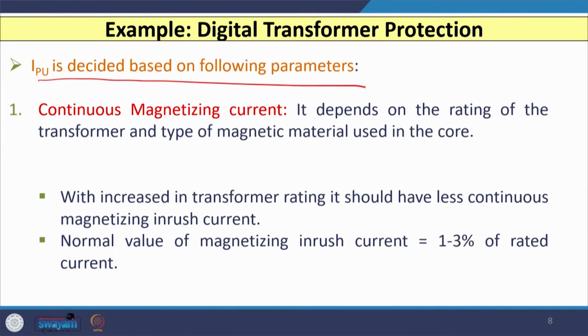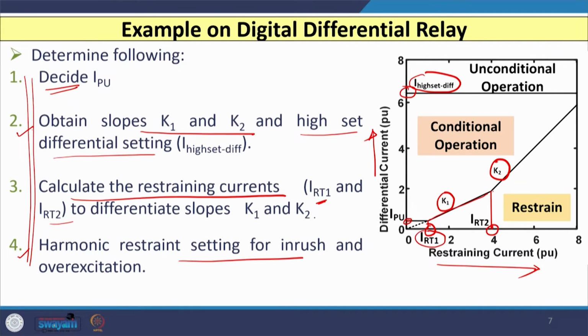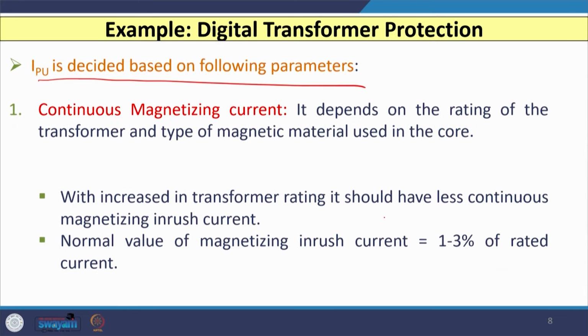Now, with this background, let us see first how we can decide the value of I per unit. As I told you, this point I per unit we have to decide, and that depends on 3 important parameters. The first parameter is the continuous magnetizing current. Normally the magnetizing current of any power transformer depends on the rating of the transformer and what type of magnetic material we have used in the core.